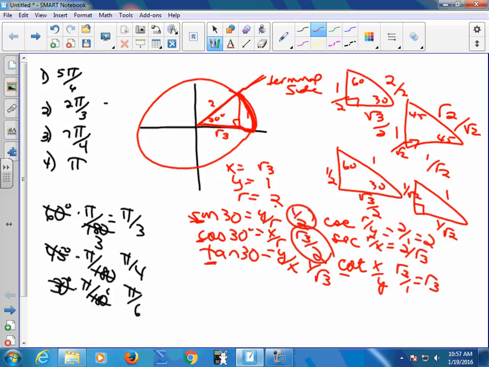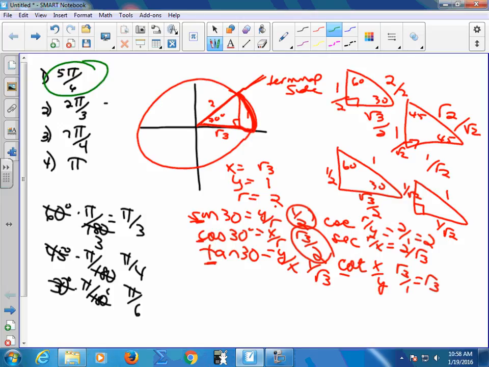Now, we had a little unique situation. We said, where do we find 5 pi over 6? First of all, 6 goes into 180 how many times? 30. So we've got a 30-degree special triangle, which is the one I just drew right here. We can reflect this to show another quadrant.